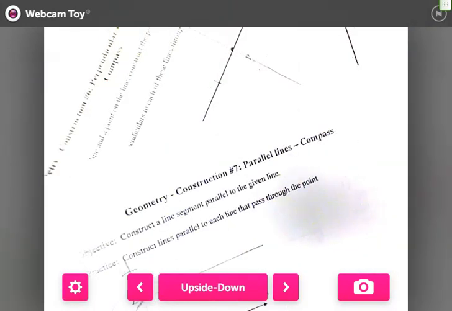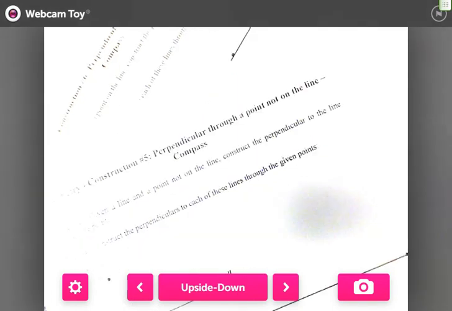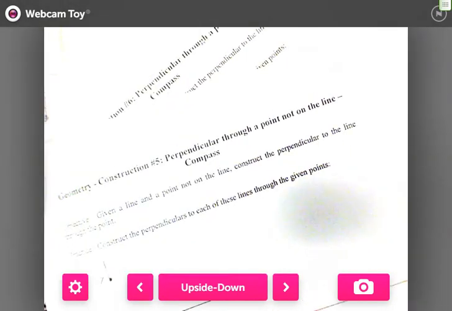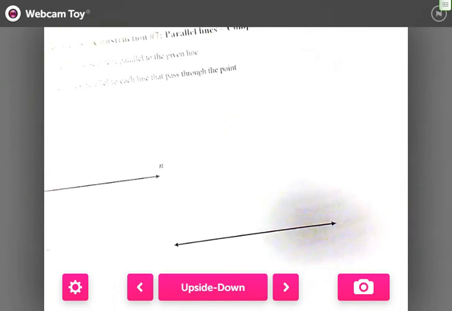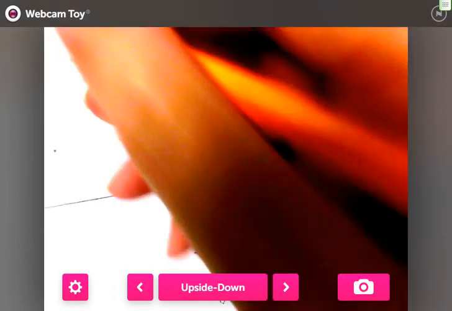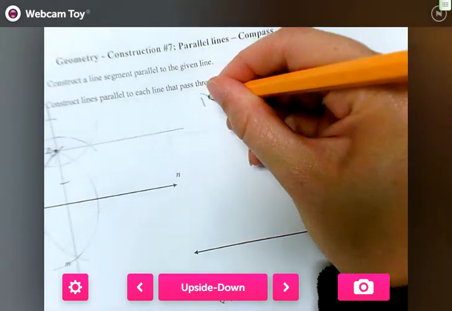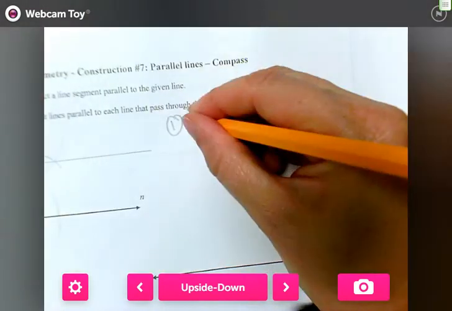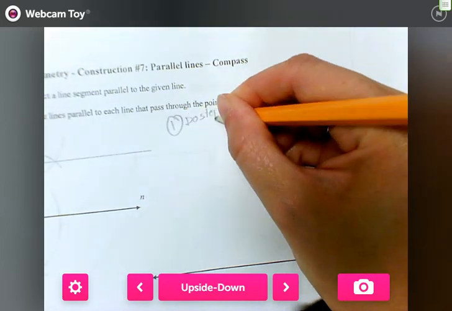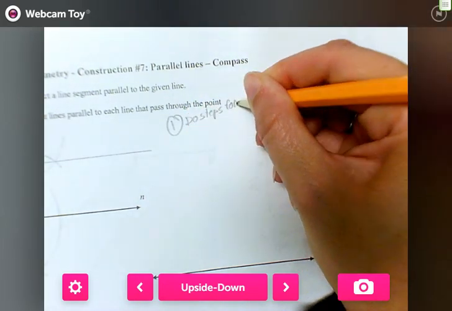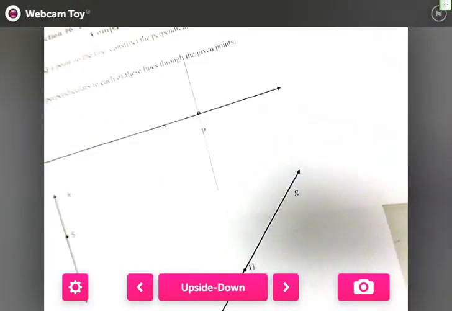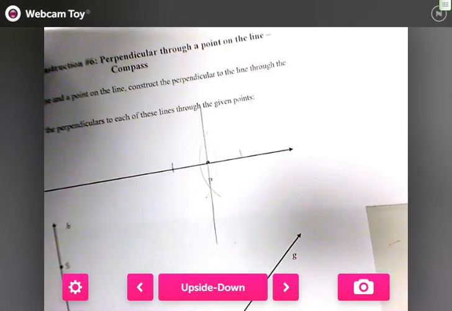All right, if we look, this one we can make it real easy. My notes for this one might be: 1, do the steps for number 5. 2, do the steps for number 6.